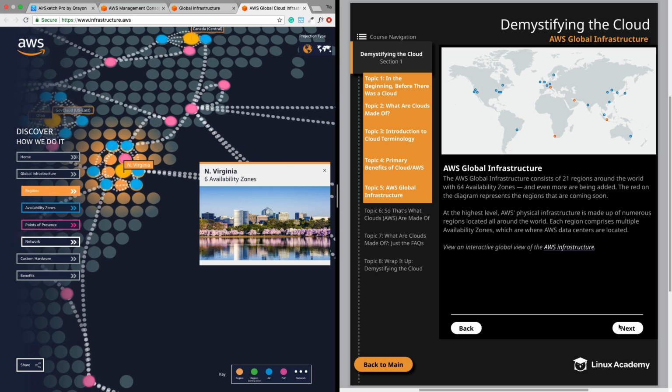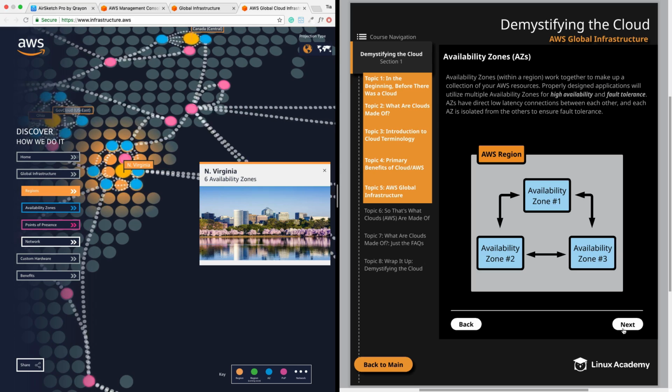So if we look at the definition for availability zones: availability zones work together to make up a collection of AWS resources. Properly designed applications utilize multiple availability zones for high availability and fault tolerance. Those were our definitions or terms that we learned previously.